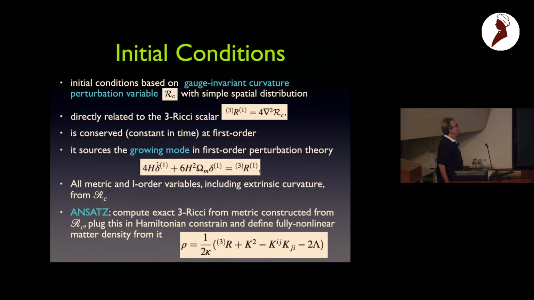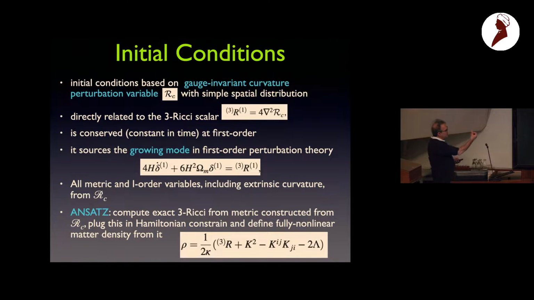Okay. So, as I said, we construct initial conditions starting from linear theory, in which case you have just a dust model with one single degree of freedom, and everything is described by this R_C. This R_C is related to the three-Ricci scalar; it is simply a potential for the three-Ricci scalar. And this R_C is constant in time, okay?